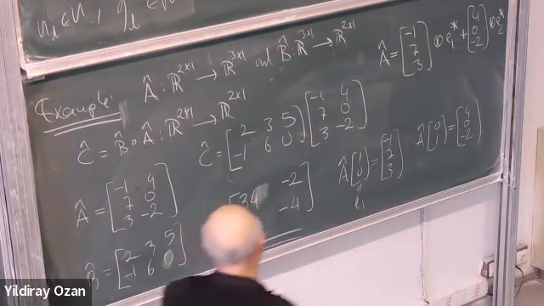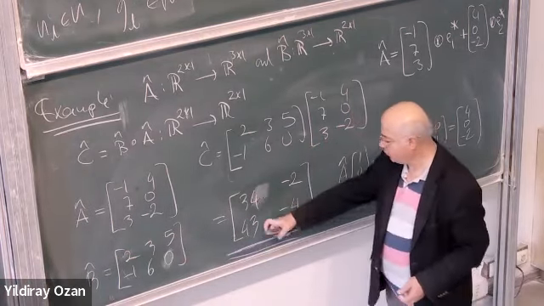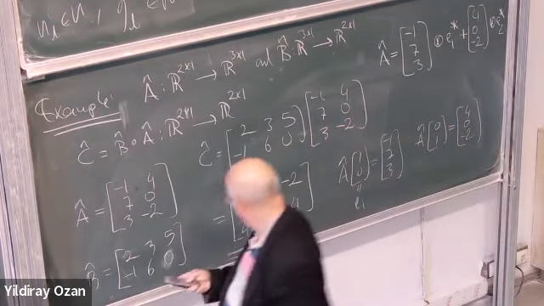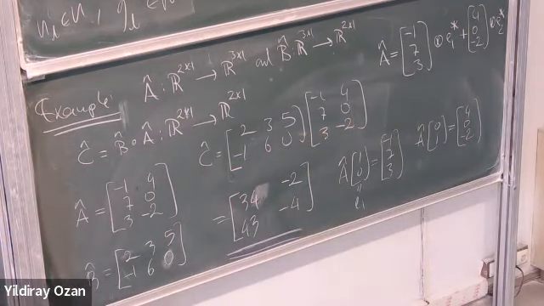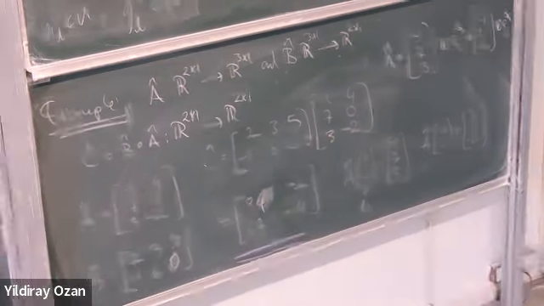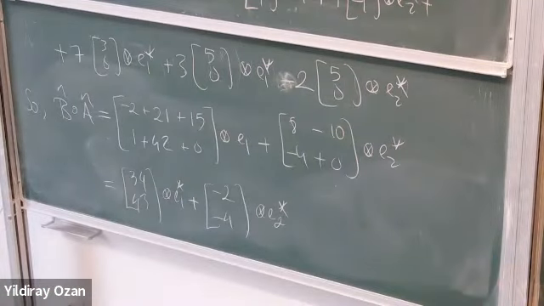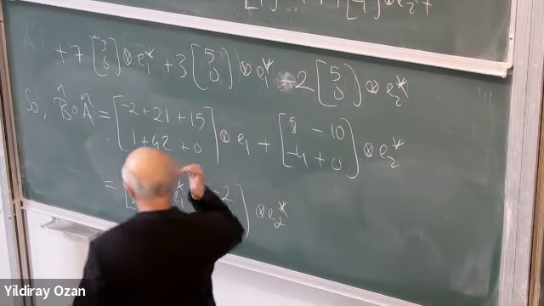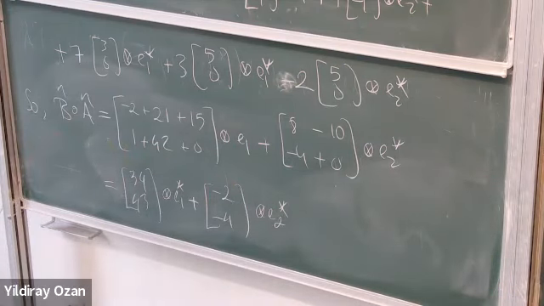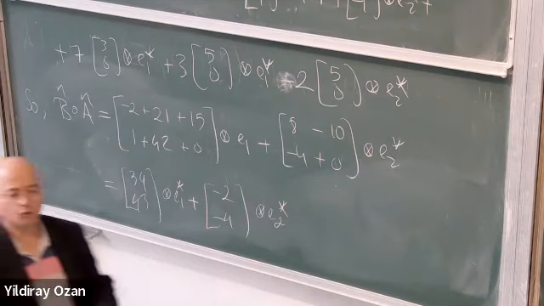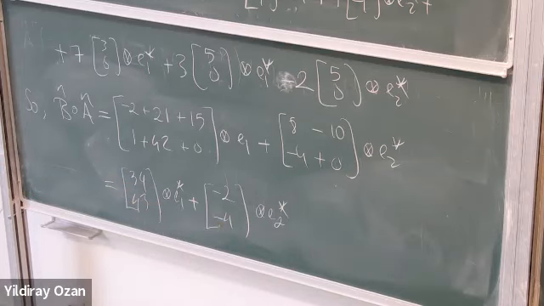Okay, so you get this matrix: 34, 43, minus 2, and minus 4. Yes. Tamam mı? Sorusu olan var mı? Evet. Kim neyi yiyorsa onu yiyecek. Geriye işte ne çıkıyorsa o kalacak. Bitti bu.